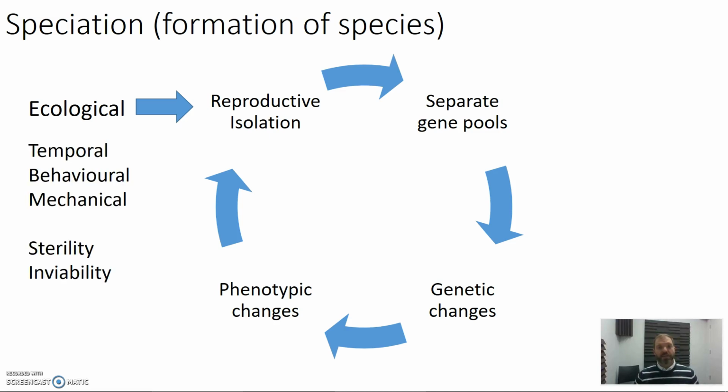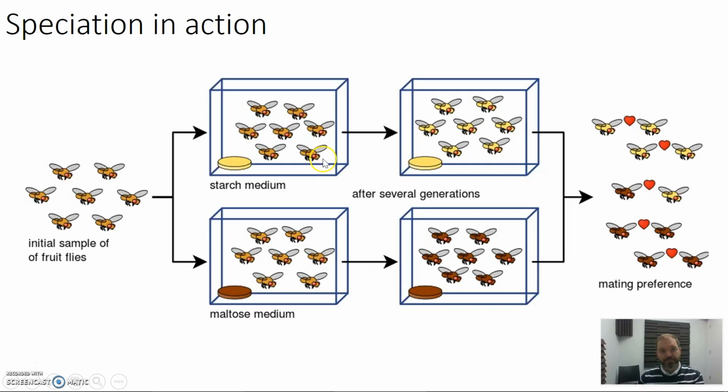Sometimes we might start with an ecological isolation, but because those two populations then have genetic changes, they might then experience temporal, behavioural, mechanical isolation from each other as well, leading eventually to so much genetic change that their hybrids, if they could form, would be sterile or inviable. So over time, what starts off as one population ends up as two populations with separate gene pools, and then as two separate species. And so we go from one species to two species by these processes.